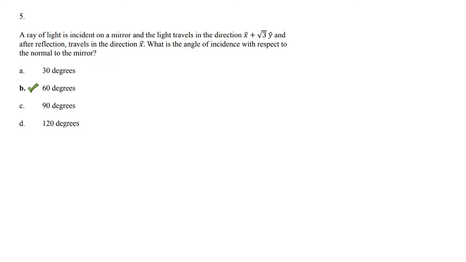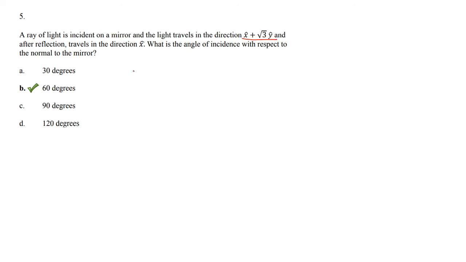Now this question is a little bit tricky so that you can get the wrong answer. So listen very carefully. First of all, we have the incident vector as x cap plus root 3 y cap.